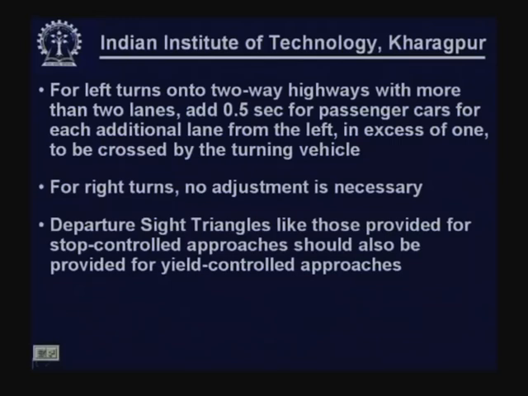Now, departure side triangles like those provided for stop controlled approaches should also be provided for yield control approaches. This is because if there is a conflicting vehicle, then vehicles approaching from a minor road also may have to stop. If they stop, then the departure side triangle will be an appropriate consideration.